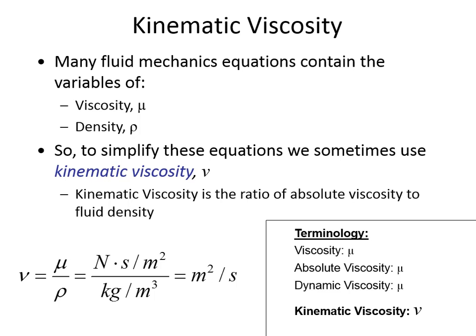One thing that's easy to remember is that the typical kinematic viscosity for water is 1 times 10 to the minus 6th meters squared per second.